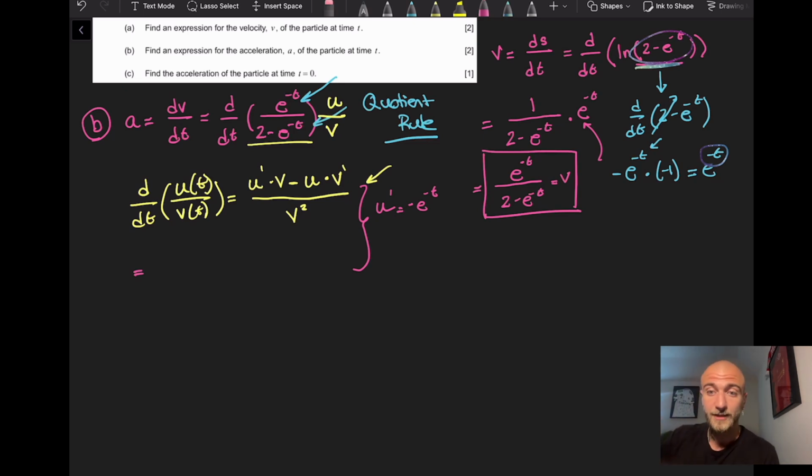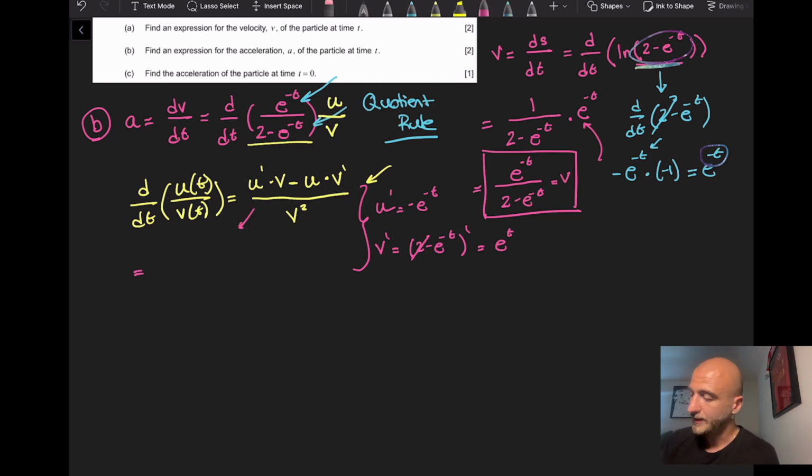It's the derivative of the exponent times itself, because that's the fundamental derivative of Euler's number e. The derivative of v, the bottom, v prime: the derivative of 2 goes to 0, so we're literally just left with e to the negative t, with the sign flipped, giving e to the t. Beautiful. Let's plug this in.